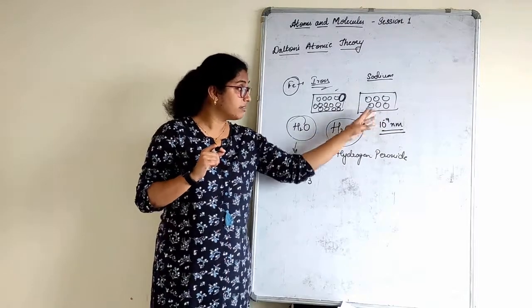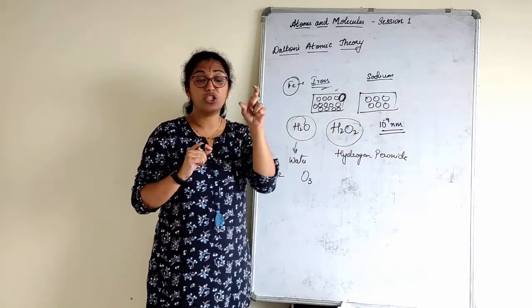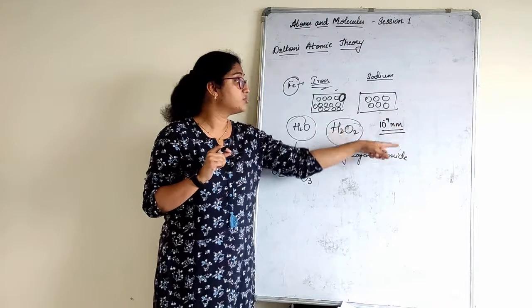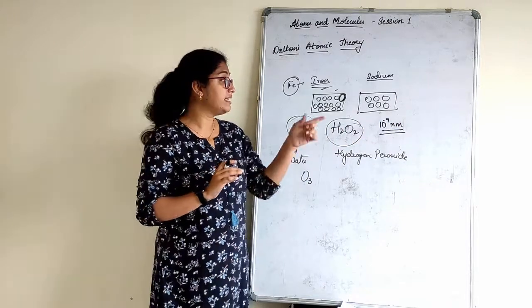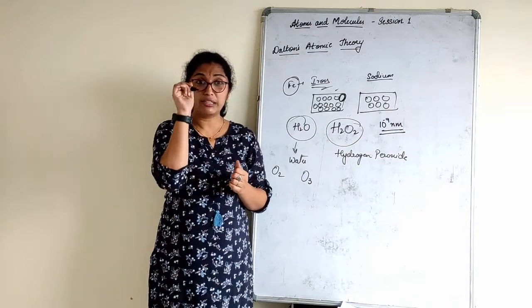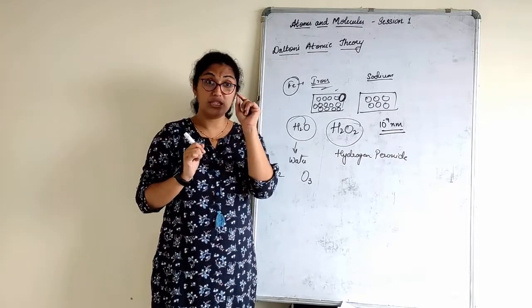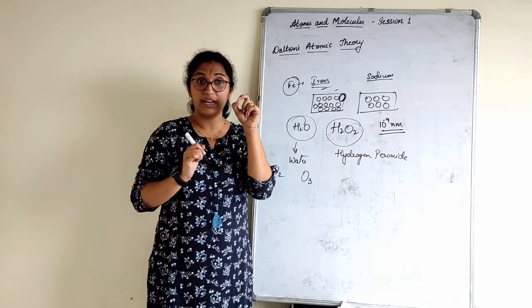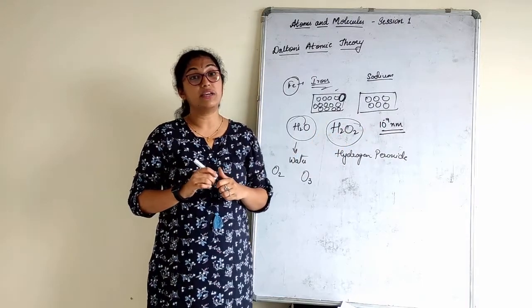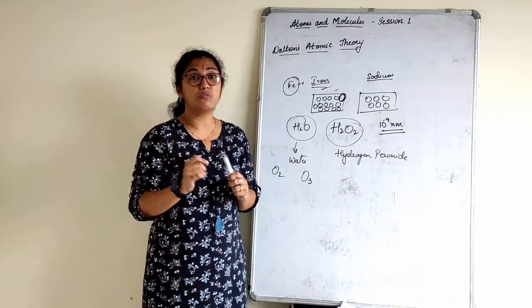The radius, or the measure of an atom, we can measure in terms of 10 raised to minus 9 meter. For example, if you take the tip of a needle, how thin the needle is, at least you can see that, right? So that is the measure of an atom, the smallest of the small particles.